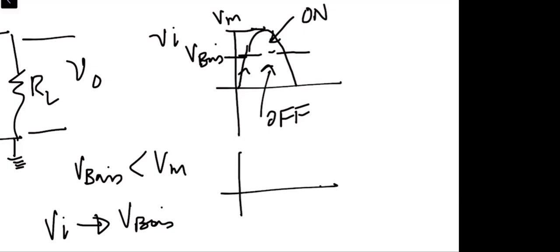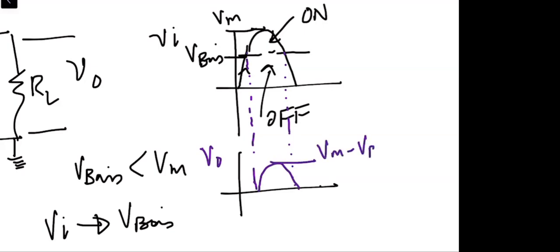If we take the projection of this on the output side and say this is V naught, then only during this peak, which is Vm minus V bias, we will have the output like this, right?